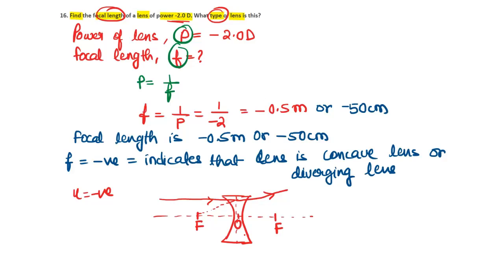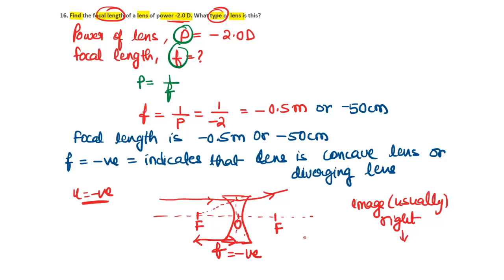For a concave lens, the focal length is in the left direction, that means the focal length is always negative. The direction towards the object is usually left, so we take the negative sign, and the direction towards the image is usually at right, so for right we take positive.